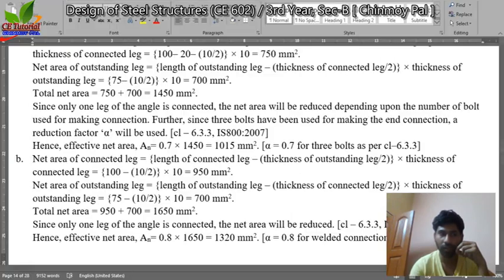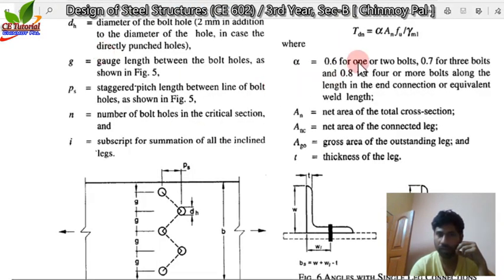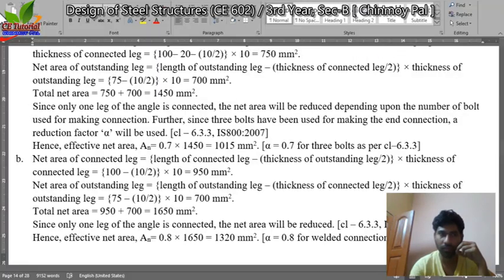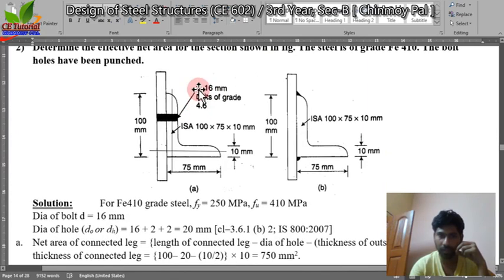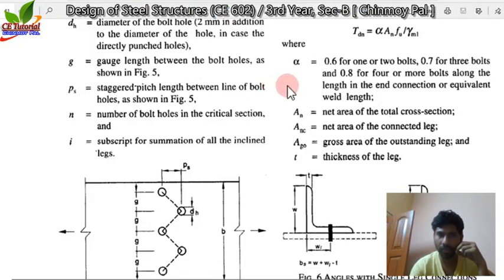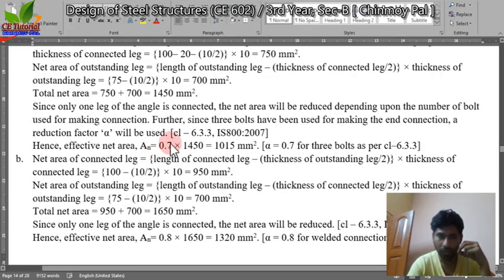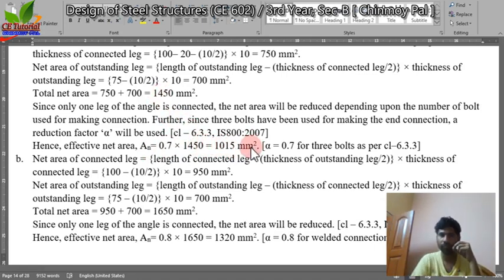So for our case, the alpha value is 0.7 because 3 bolts are there. You see 3 16 mm bolts of grade 4.6. Number of bolts is 3. That's why alpha value is 0.7. So alpha into An, 0.7 into 1450, is equal to 1015 millimeter square. This is the net effective area.